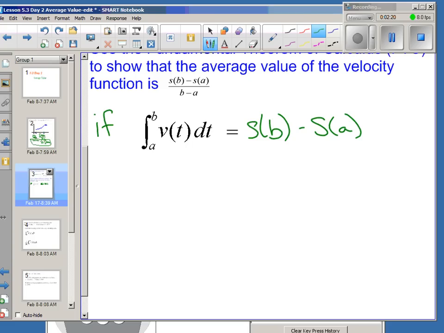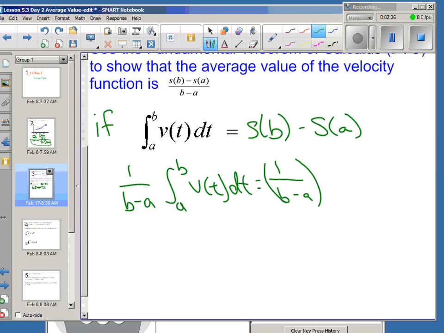And again, what we can do now to both sides is multiply by 1 over b minus a. So we end up with 1 over b minus a of the integral from a to b of v of t dt equals 1 over b minus a times s of b minus s of a.